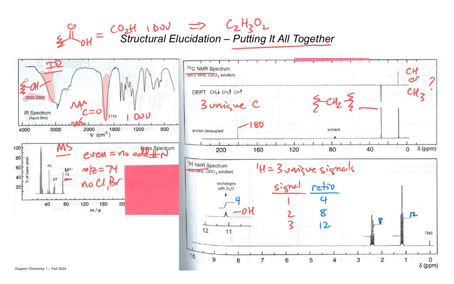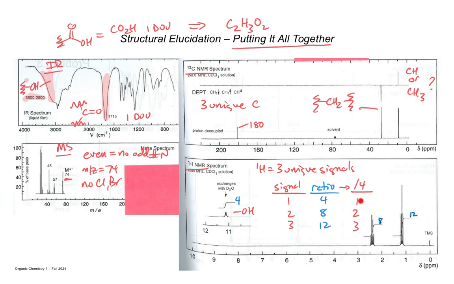What it's going to tell us is the ratio of those hydrogen sets to one another. And so what we do now is the smallest number there is 4, right? We're going to take everything and divide it by 4. So 4 divided by 4 is 1. 8 divided by 4 is 2. And 12 divided by 4 is 3.